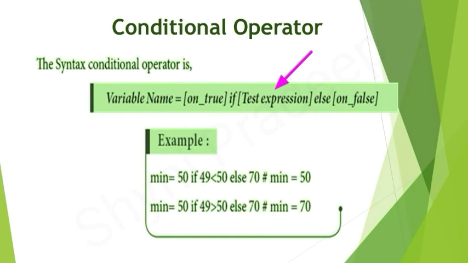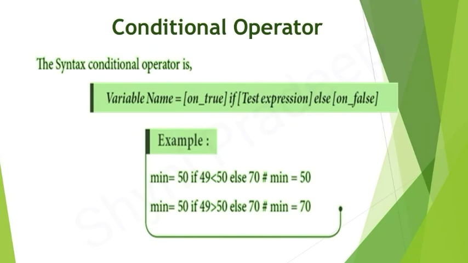First this condition is evaluated. If this condition is true, then you take the true value given here. If this condition is false, you take the false value given here.